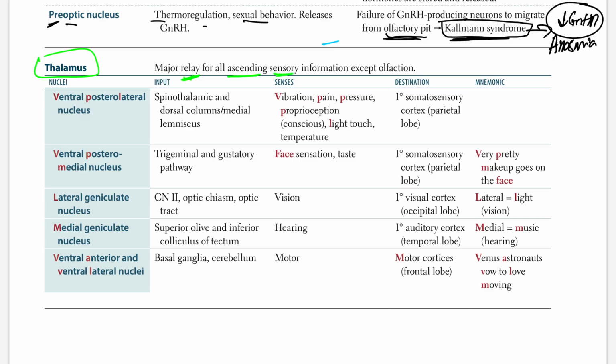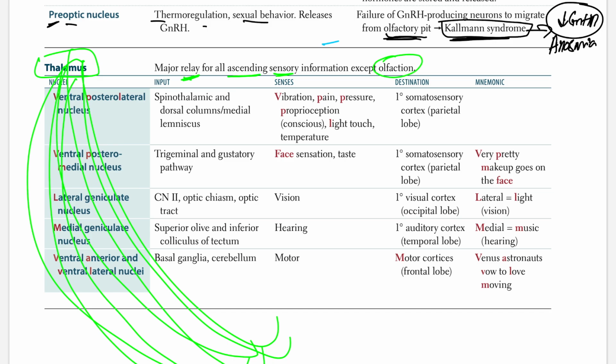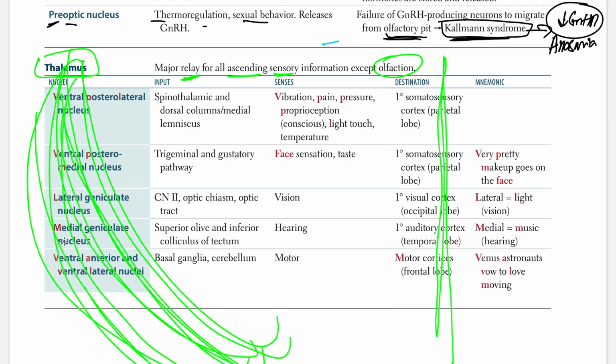Everything that is sensory will be going through the thalamus all the way, except one thing, which is olfaction, because that is direct. All ascending sensory information except olfaction goes through the thalamus.